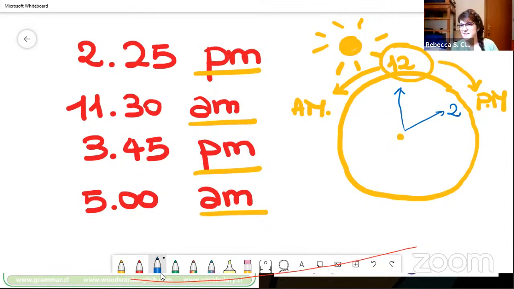This comes from Latin, actually. It's like ante-meridiem and post-meridiem. I don't know if this will help you remember it, but basically ante means before and post just means after. And meridiem means basically 12.